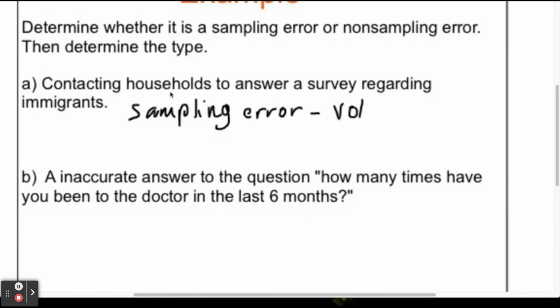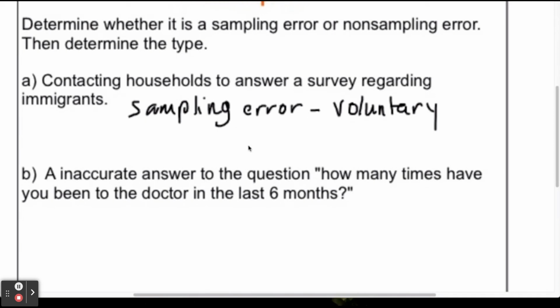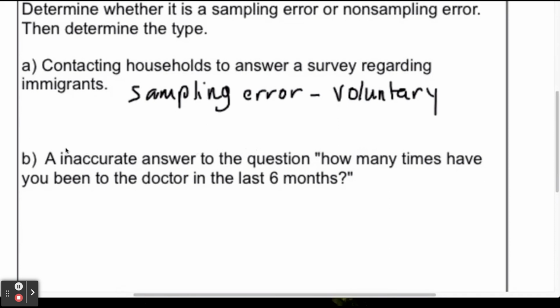So first of all, it's voluntary, which could be a problem there, and so that again is going to be a sampling error.